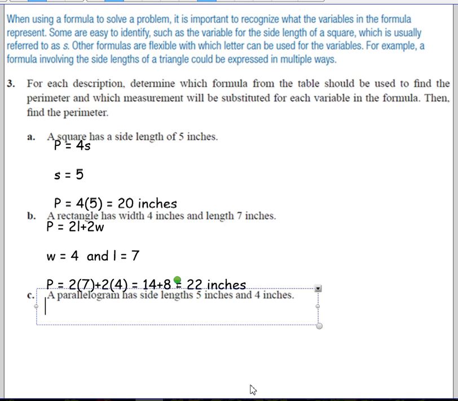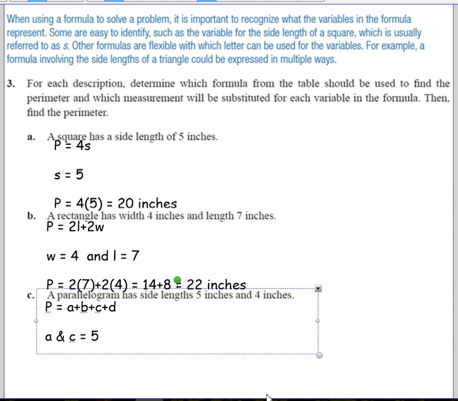So we have our formula of perimeter equals A plus B plus C plus D. And we have two side lengths, 5 and 4. So let's use our A and C to equal the first number that they gave us, which is 5.